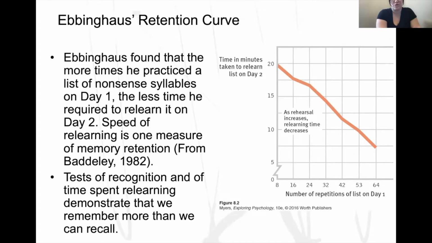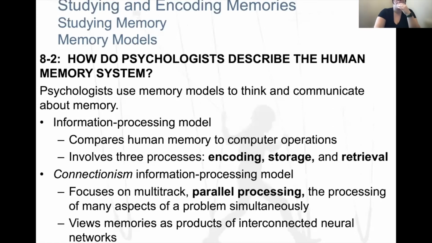The tests of recognition and time spent relearning demonstrate that we remember more than we can recall, right? So you'll have memories stored in your long-term memory that you have and you know, but you can't necessarily pull them out and recall them, but they're still there. And they can help you in that relearning process.